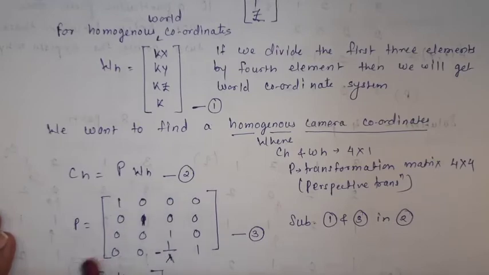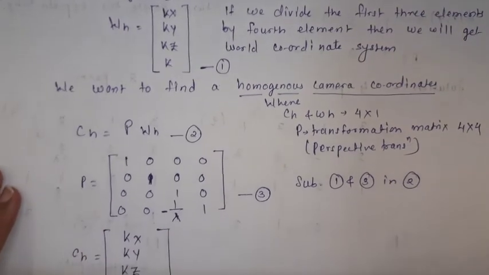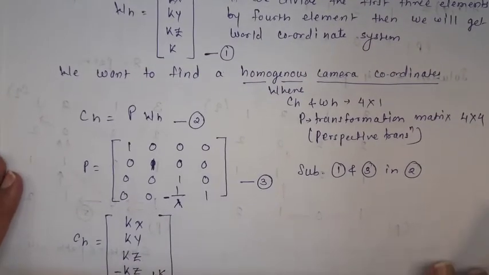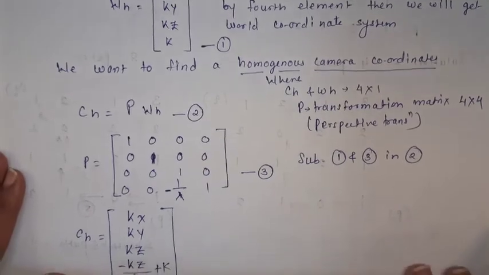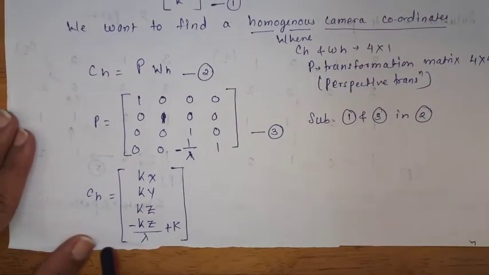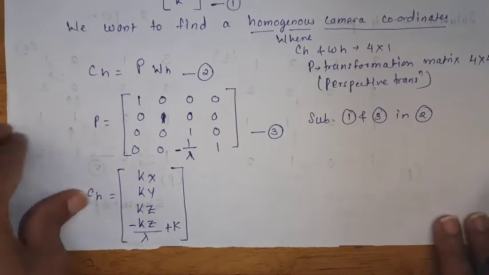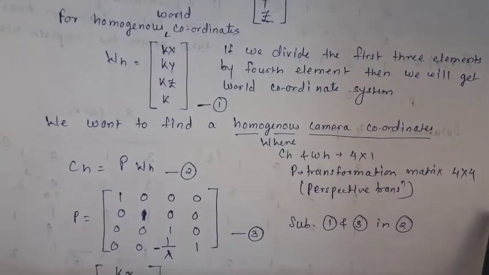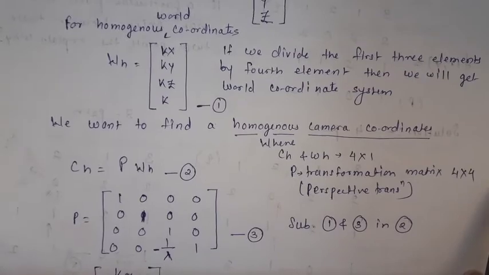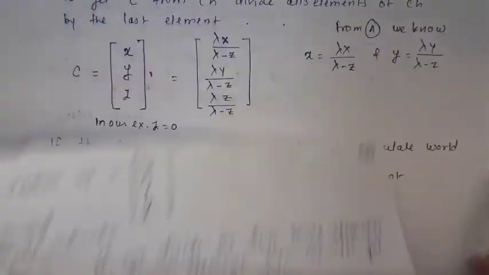P is given by this 4 by 4 matrix. Then by substituting this 3 and 1 in 2, we get CH equal to this. You can try solving this and you will get the same answer. So CH is the camera coordinate but in homogeneous form.